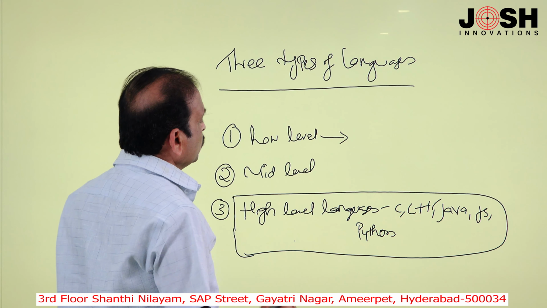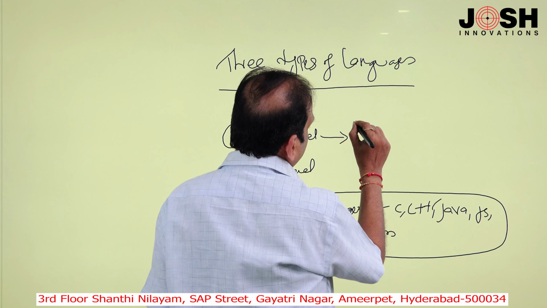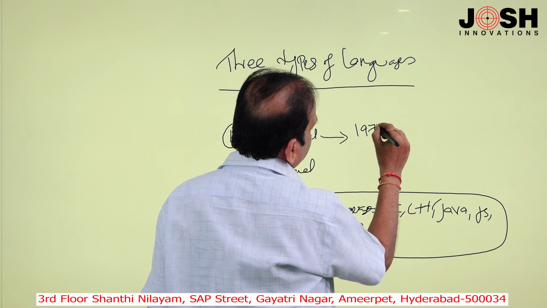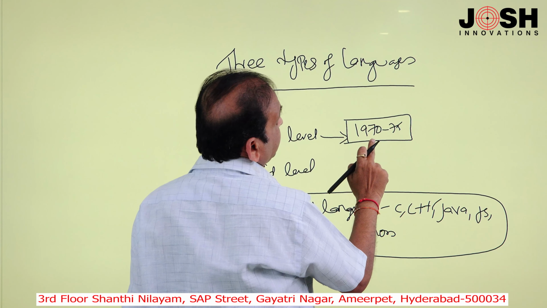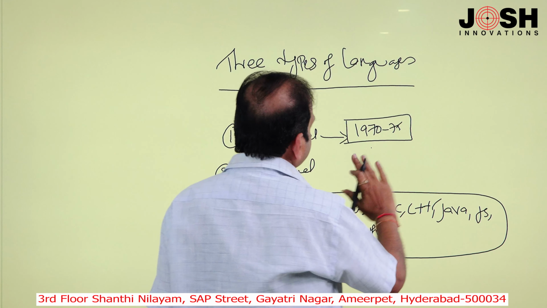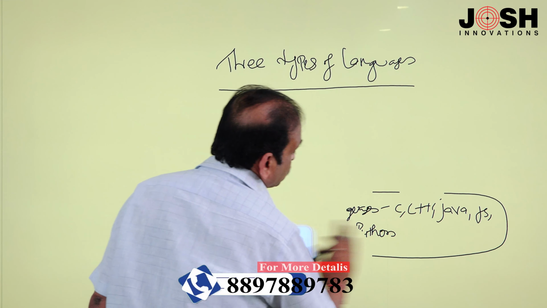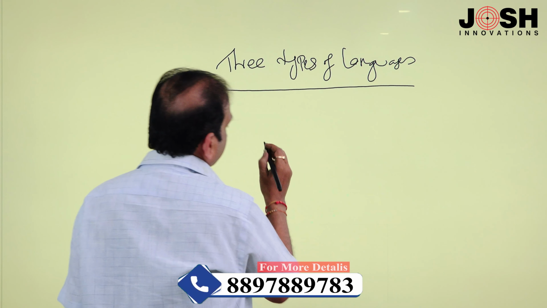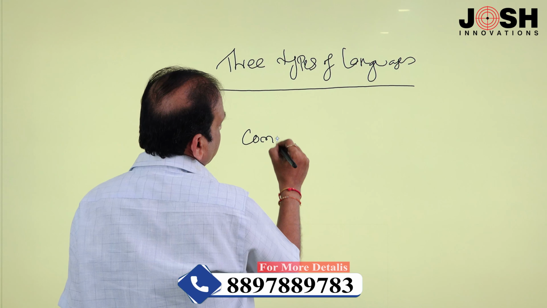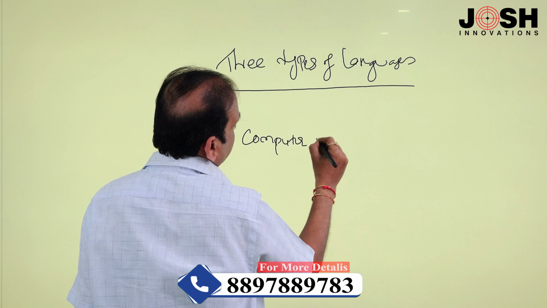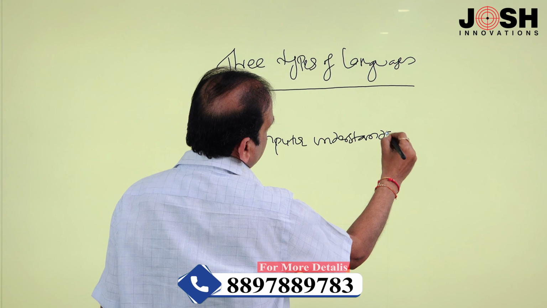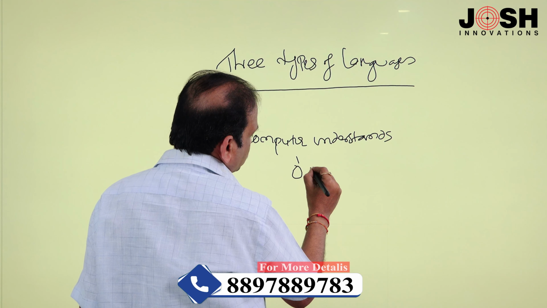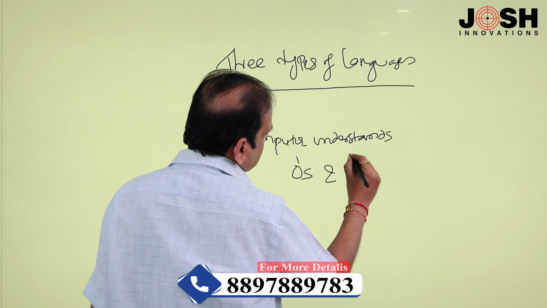Low level languages are from when programming languages started, from 1970 to 75. They used to write in low level, which is machine code. See, a computer understands only 2 things: zeros and ones.